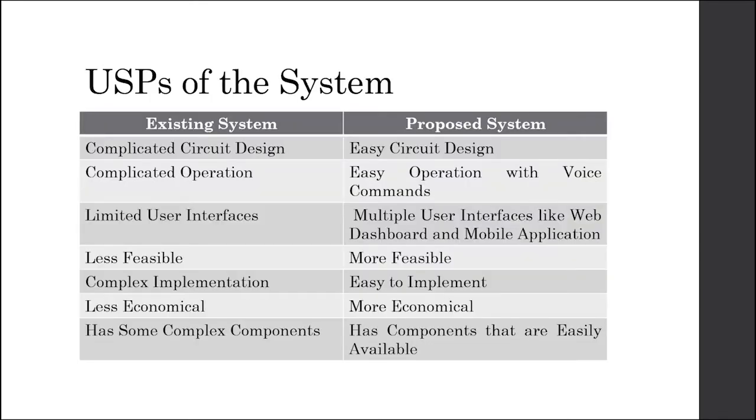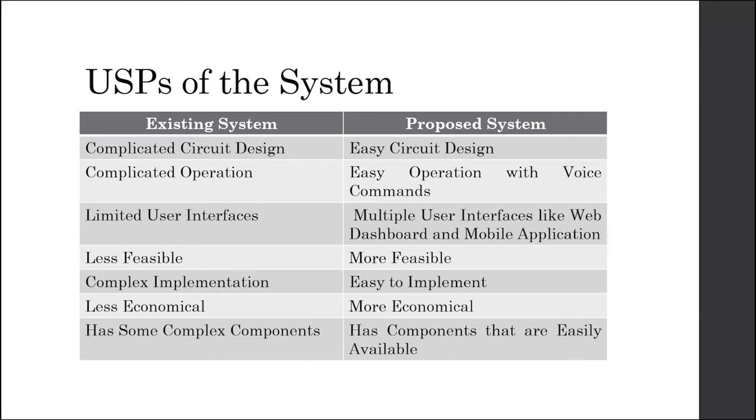These are the USPs of the system. The existing system has a very complicated circuit design, which we studied from the literature survey, and we have produced a very simple one using NodeMCU with very simple interfaces. The best thing about our prototype is that it can be used by any elderly or uneducated person because it is simply a voice command, and it can be set to any language. Secondly, existing systems have complicated operation and limited user interfaces, while we have multiple: web application, mobile application, and voice command.